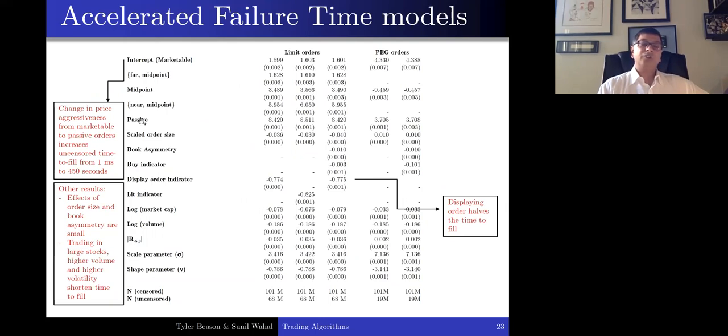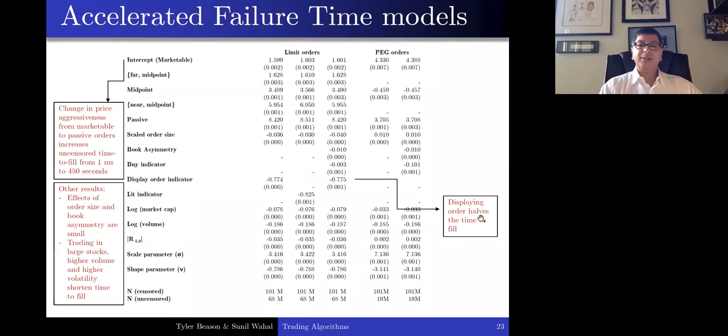A change in price aggressiveness, if one submits an order from marketable to passive, increases the uncensored time to fill from roughly a millisecond, if it's a marketable order that's either going to get filled or canceled relatively quickly, to about 450 seconds. So it's pretty substantial. There's your price-time trade-off as opposed to the price-volume trade-off that I showed earlier.